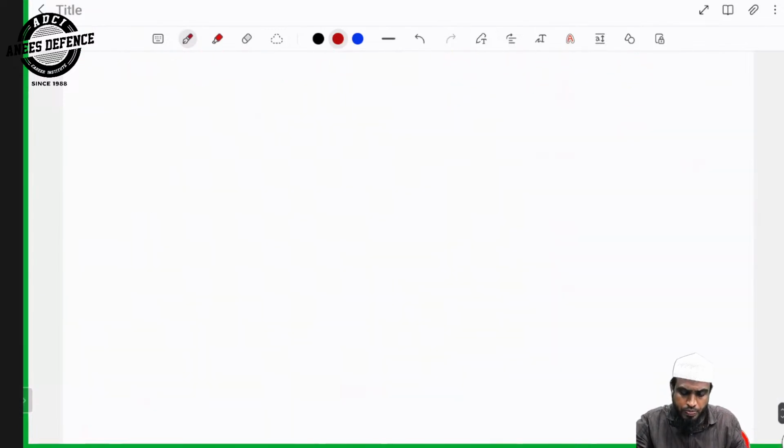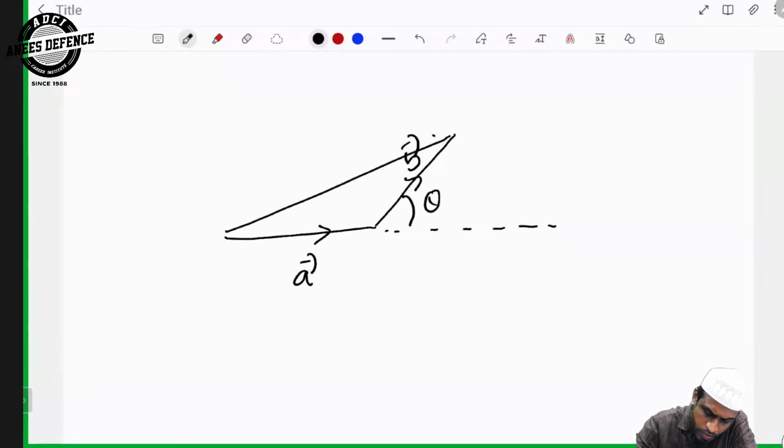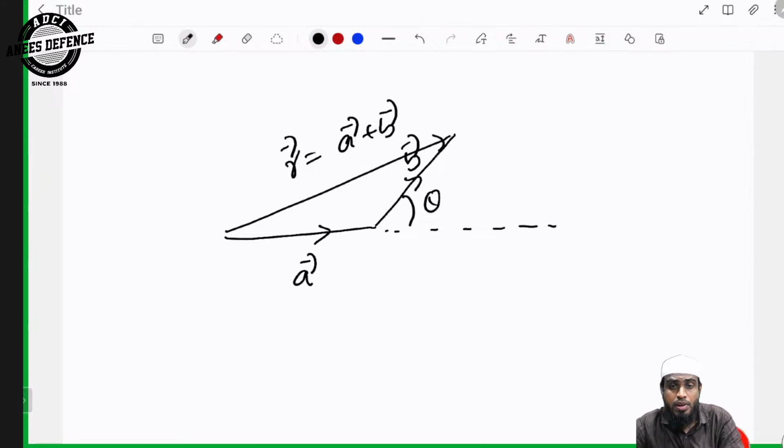So we are coming back to our previous case: vector A, and this is vector B. The angle between the two vectors is theta. The resultant vector R can be represented as A plus B by the triangle law of addition. So what is A plus B?